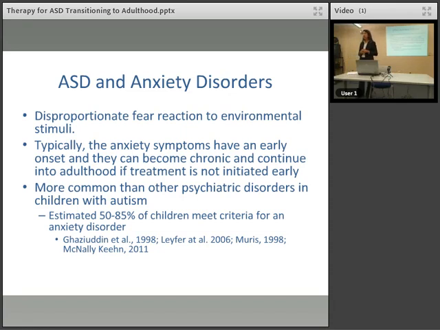Typically, when we do have anxiety disorders, the symptoms have an early onset, meaning they present in childhood, and they can become chronic and worsen if treatment is not initiated early. It is more common to see anxiety disorders diagnosed as a comorbid disorder in children with autism, and about 50 to 85% of children with an autism spectrum disorder additionally will meet criteria for an anxiety disorder.